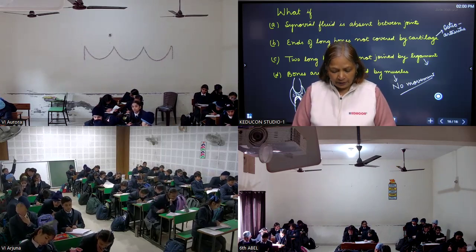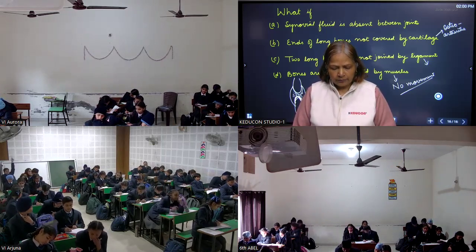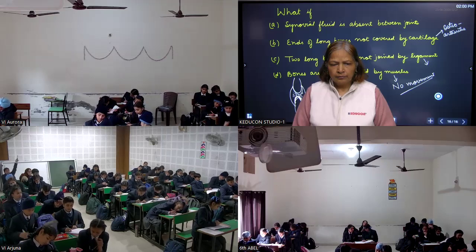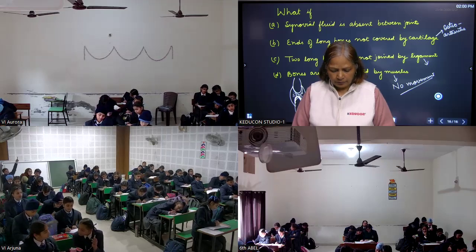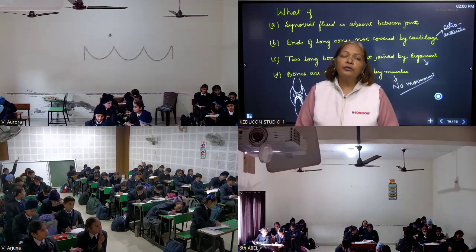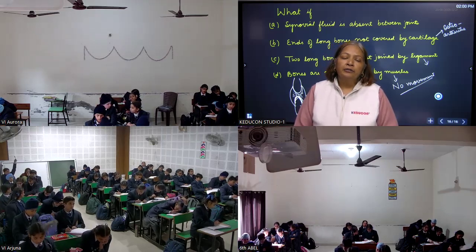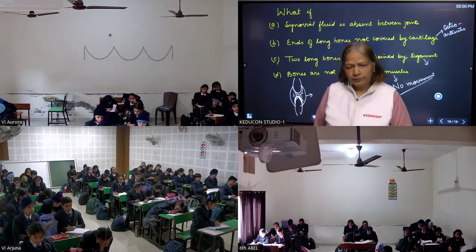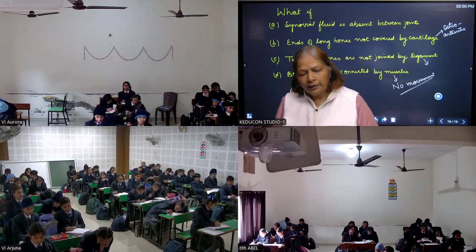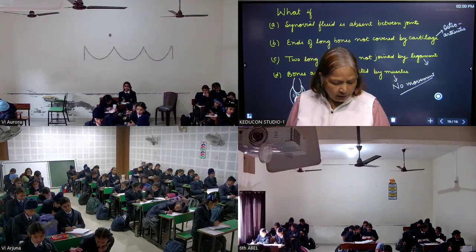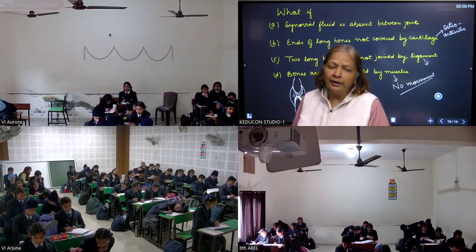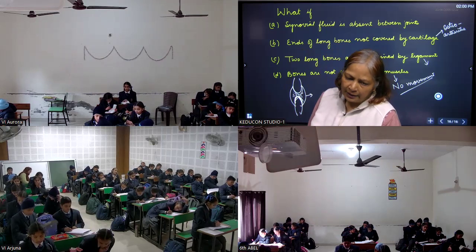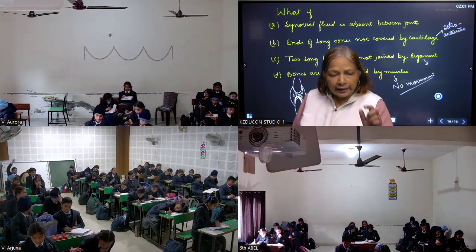Fourth: the type of joint which moves while holding pen or pencil. ठीक है जी, अगली बार ये करके आना.